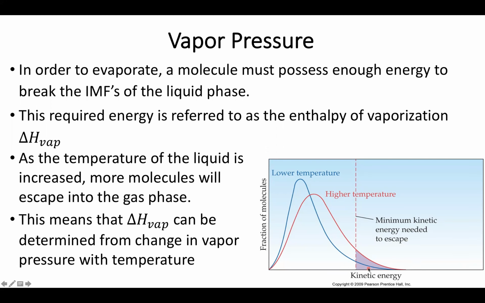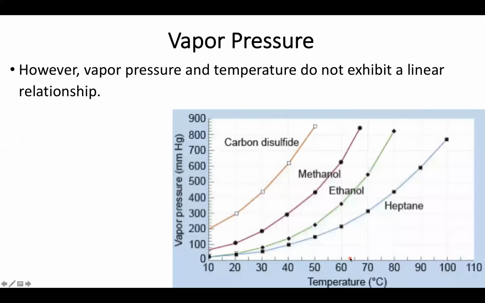This means that I can actually try and determine that enthalpy of vaporization, how hard it is for a gas to leave, if I know exactly how many more molecules I can get into the vapor phase by increasing the temperature. Because it will tell me, again, a lot about where that line is on that kinetic energy curve. So what we can do is try and plot vapor pressure versus temperature.